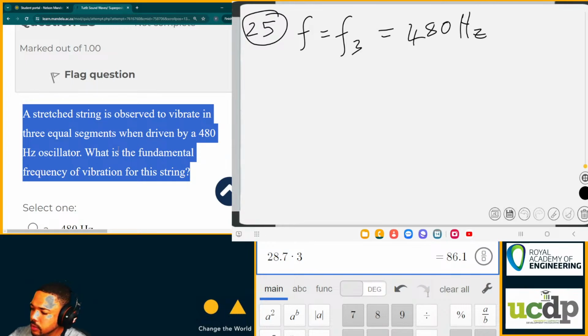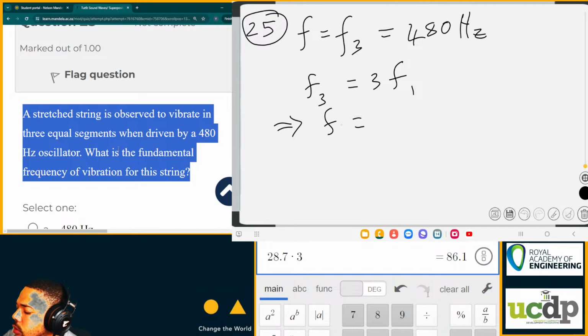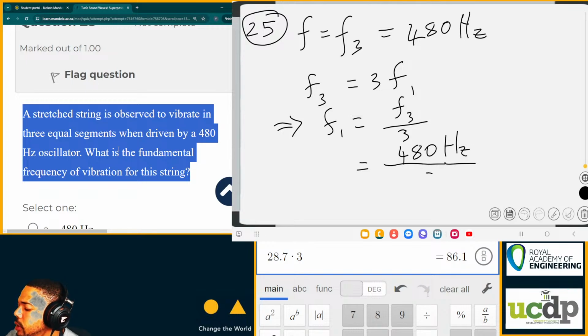Now, we know that F3 is equal to 3 times F1, the fundamental frequency, which means the fundamental frequency F1 is equal to the third harmonic divided by 3. And we have F3 as 480 Hertz divided by 3 will give you the fundamental frequency.